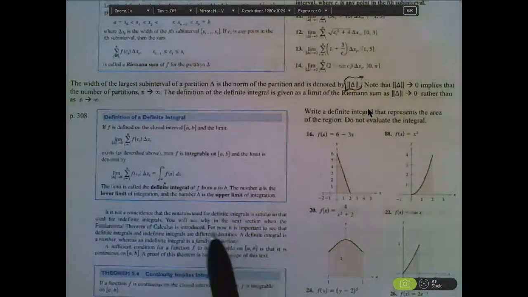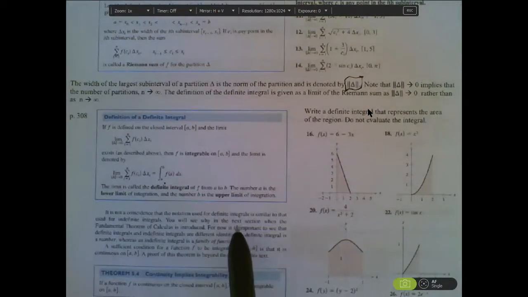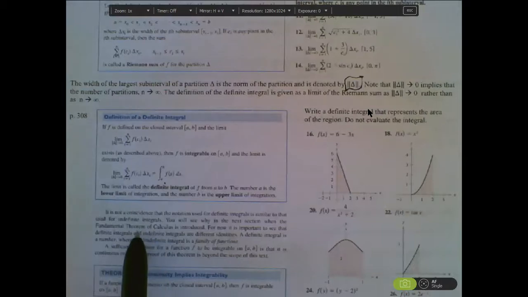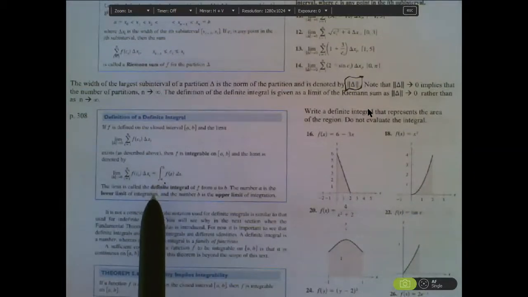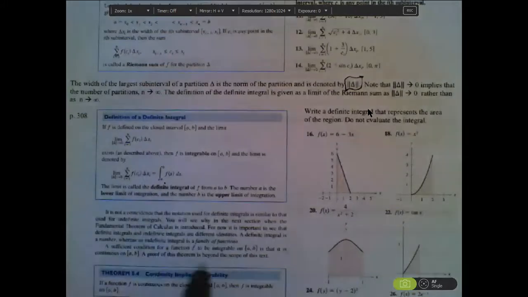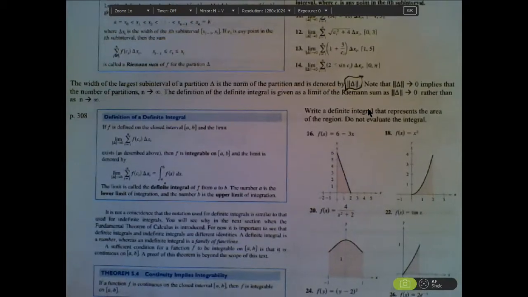It's not a coincidence that the notation used for the definite integral is similar to that used for indefinite integrals. You'll really see why you can use the same notation for the definite integral as the antiderivative when we talk about the fundamental theorem of calculus tomorrow. For now, it's important to see that definite integrals and indefinite integrals are different things. Remember, if I ask you to find the derivative, that was another function.